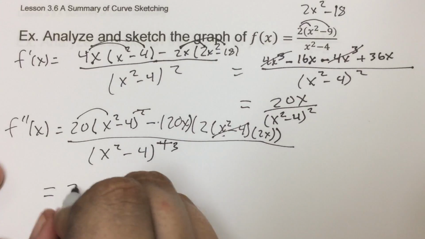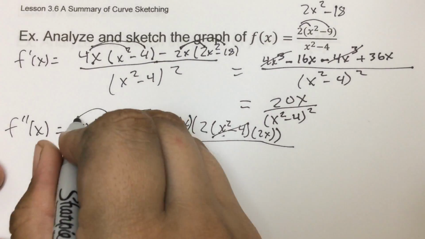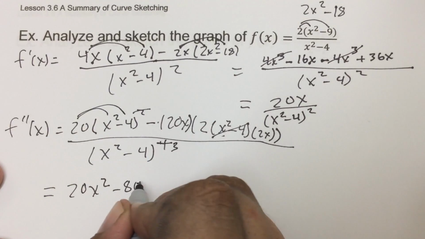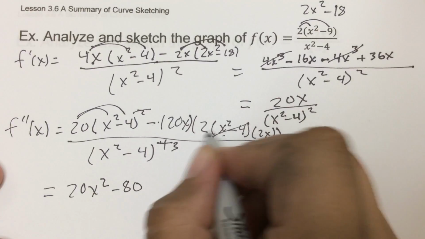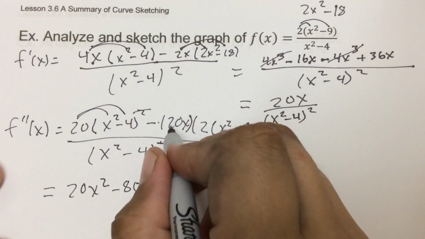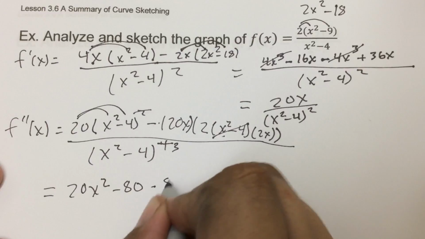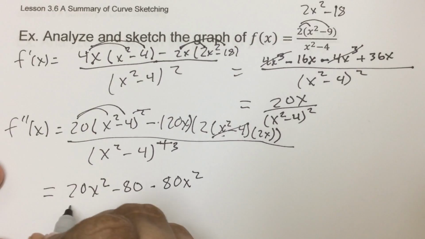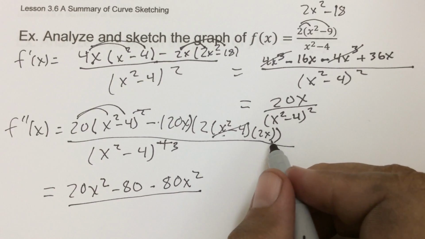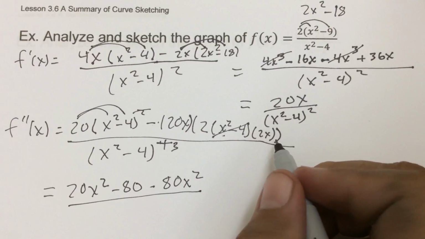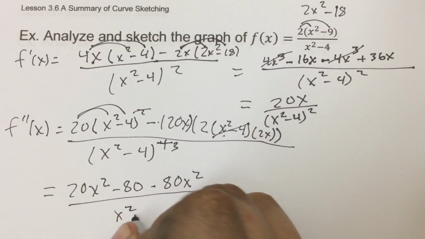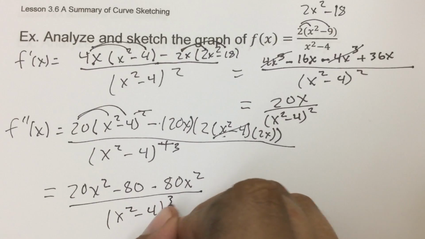So, 20x squared minus 80. 2 and 2x would be 4x times 20x would be minus 80x squared, all over x squared minus 4 to the third.